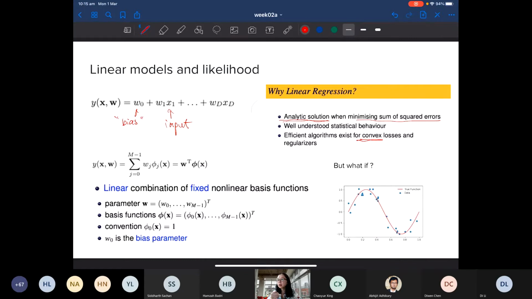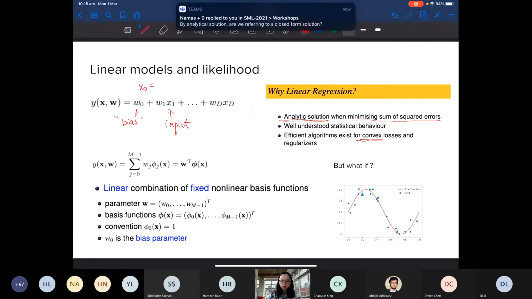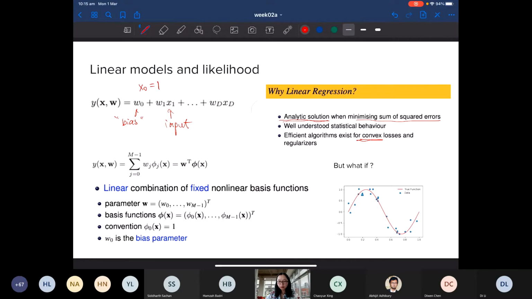Again, the word bias does not carry positive or negative connotation, and it's equivalent to having essentially an x0, like an additional constant feature that is always 1. And this is preferable for many reasons.